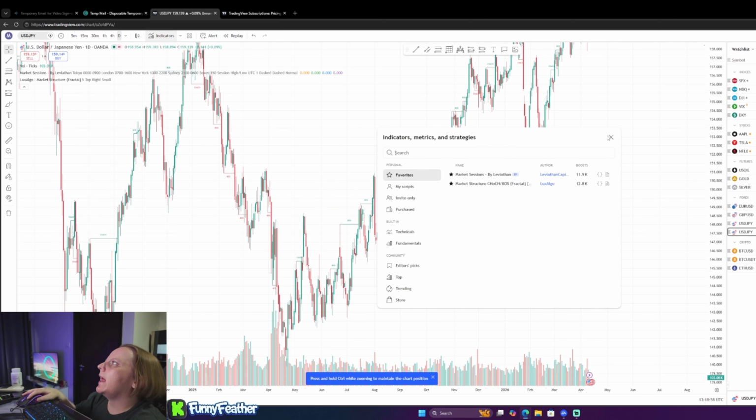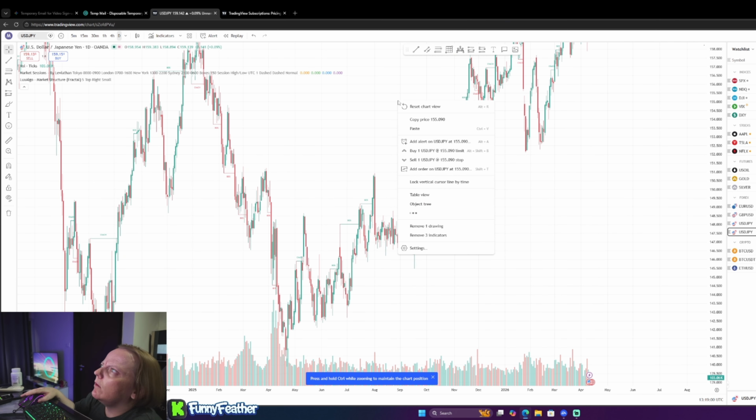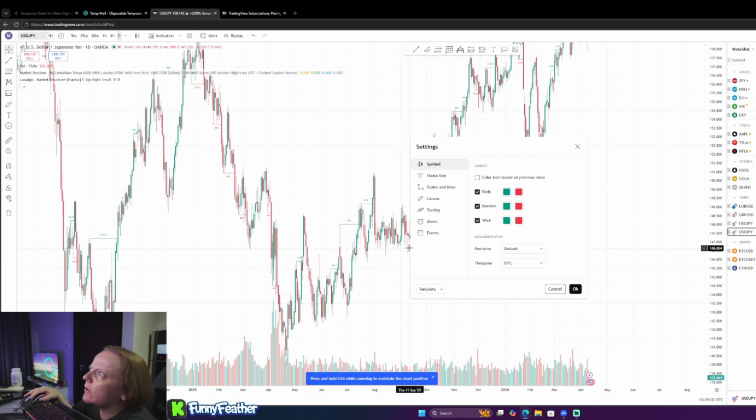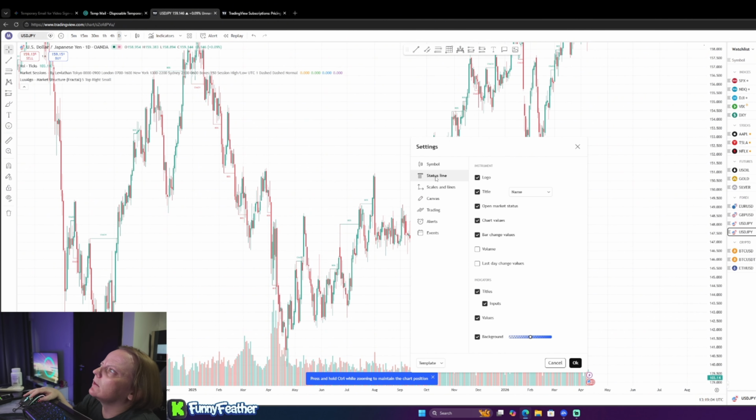Okay, now you can also change the settings of your status line. You don't need to have the title if you want chart values. Then background, you don't need to have a background, you can have it white.